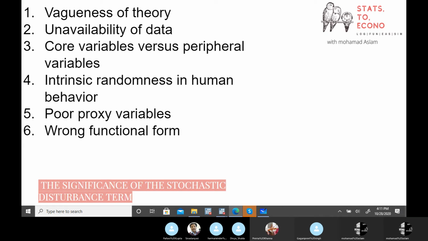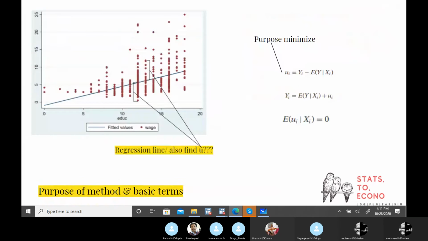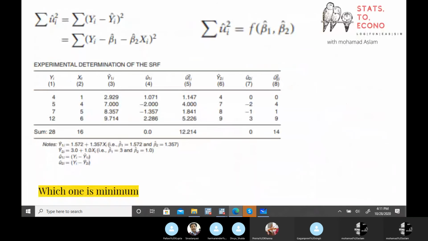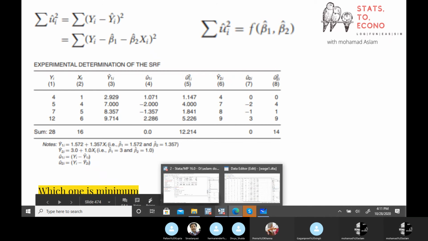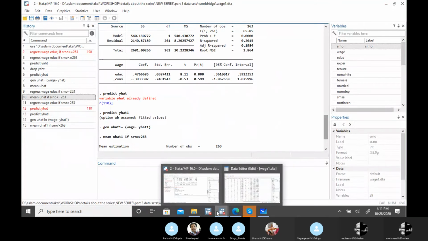But while we are doing the derivation, I hope you are getting this point, first we have u hat in the upper hand corner, and we are minimizing it, meaning we are estimating beta 1 and beta 2 in such a manner that we are minimizing this summation u hat square. But in practicality, in the data, while you are going to do this exercise, this u hat value you will get in the end.